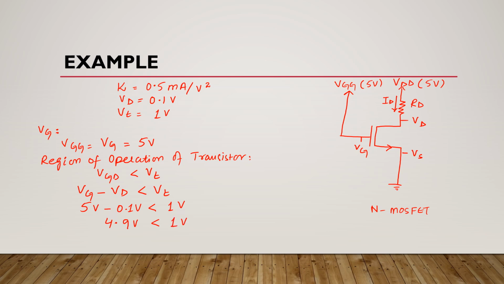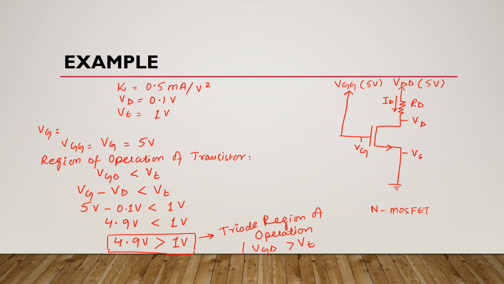As you can see, this condition of the saturation region is not satisfied, but this is the condition for the triode region. It means here the transistor is in the triode region of operation because here the gate to drain voltage is greater than the threshold voltage.